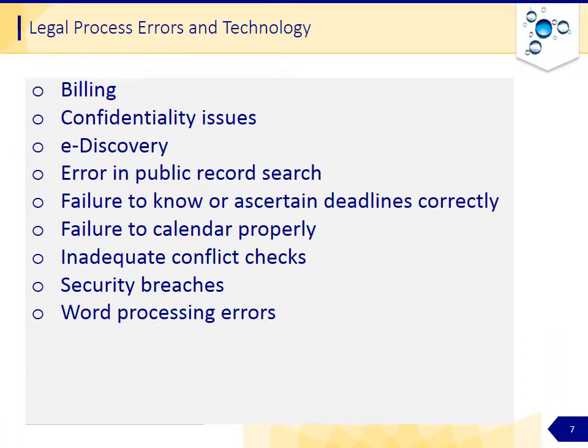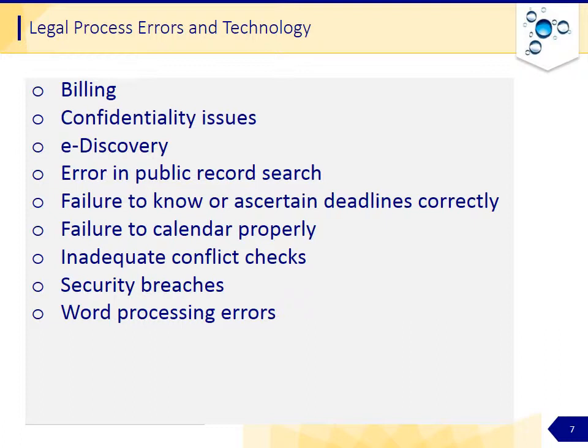Confidentiality issues can occur within any legal process. Let's say you're emailing several people and you have a practice of hitting reply all when there's a number of people on the email, and let's say you're dealing with confidential or privileged information.